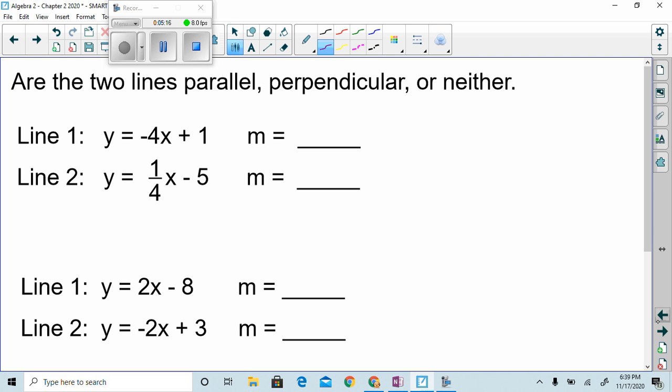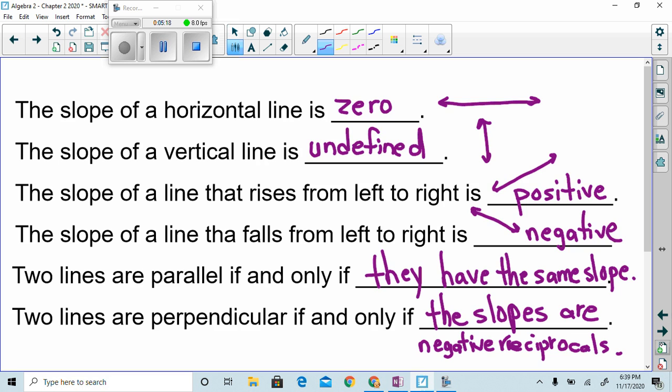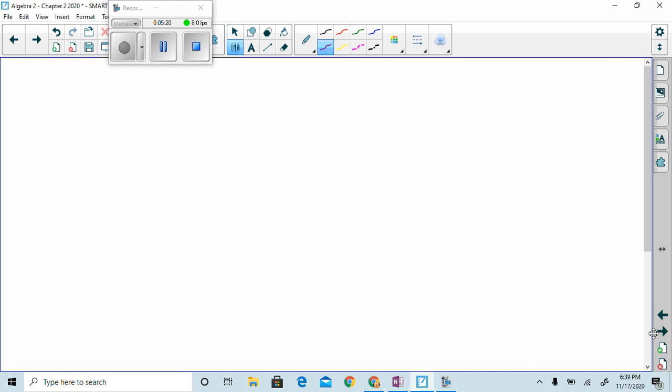Now, actually, before we get to this next part, let's just talk again about identifying negative reciprocals. If I were to give you something like 3/4, you would change the sign and flip. If I gave you a -6, you would change the sign to positive and flip.